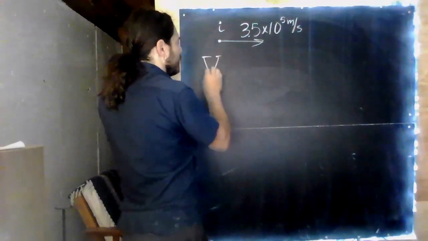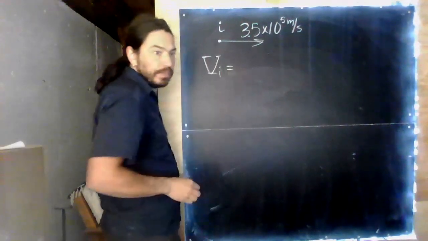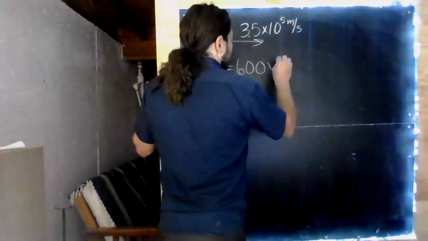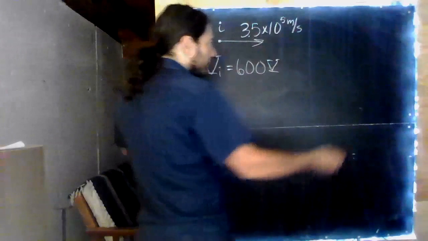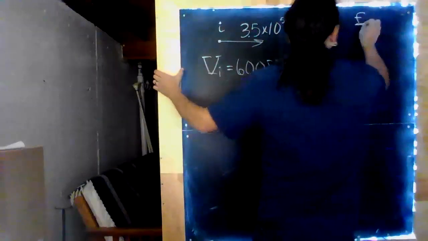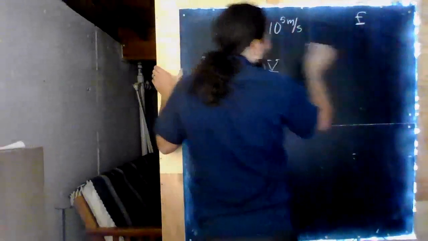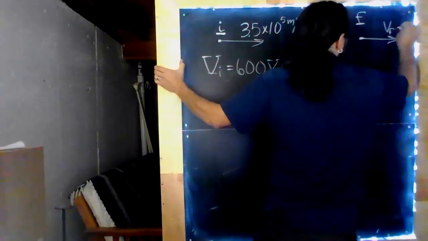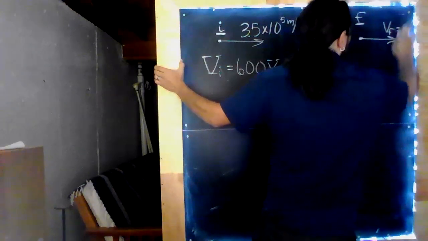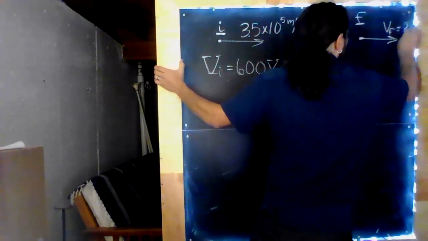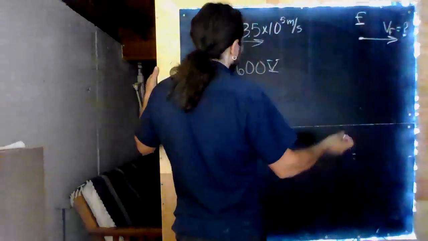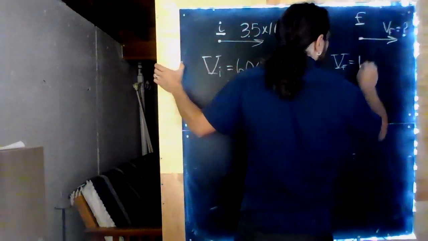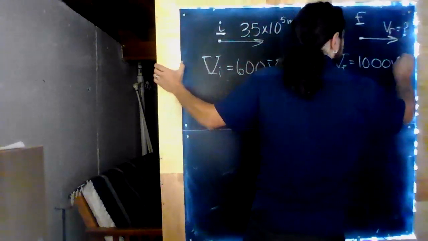And the initial potential is 600 volts. It's going over here to the final point. At the final point, we want to know what is V final. Its final velocity. And we know its potential. The final potential is 1,000 volts.